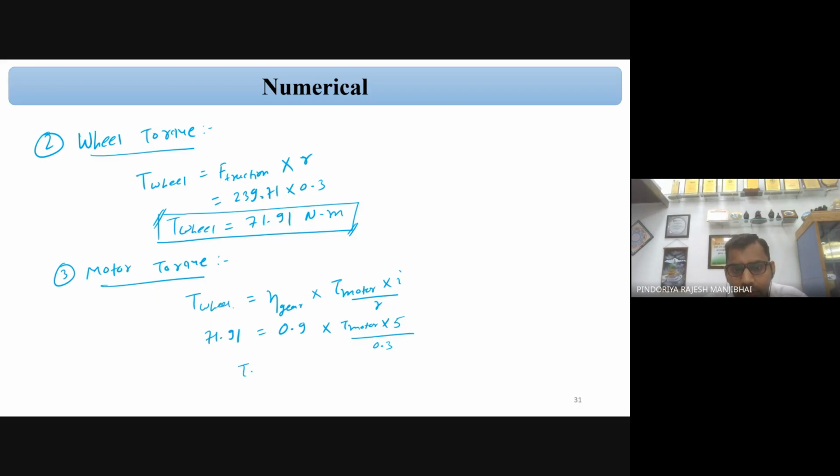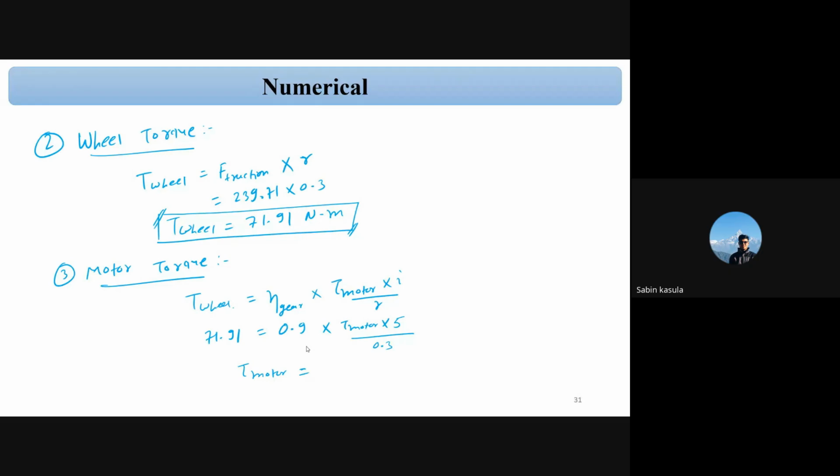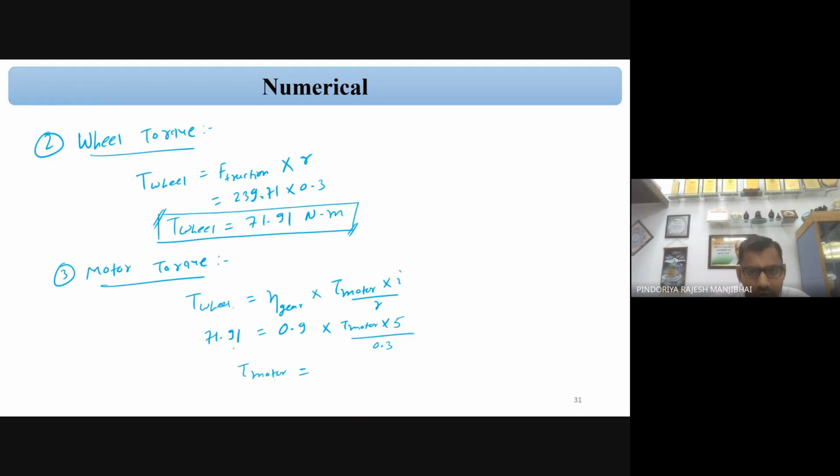Yes, students, how much? So the motor torque is equal to 4.79 Newton meter.